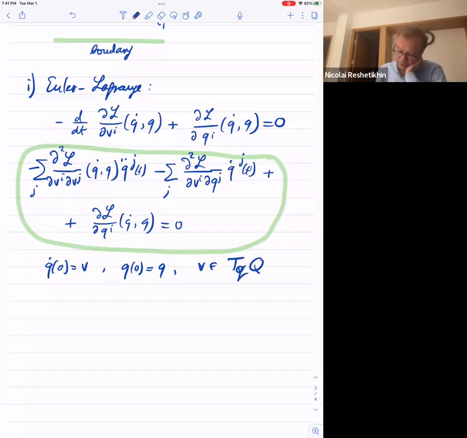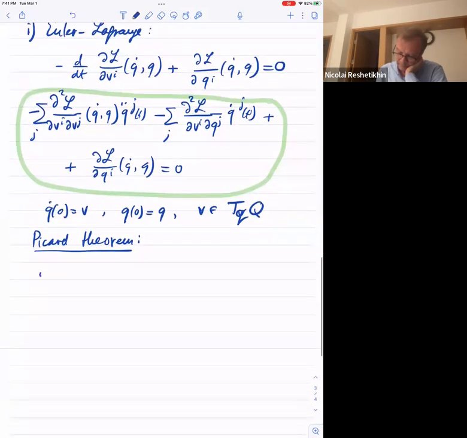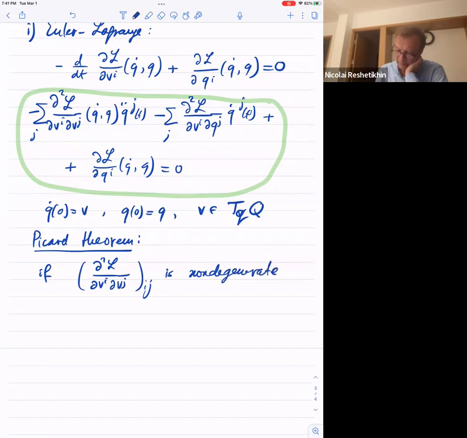So these are our initial conditions. And then by Picard's theorem, if the matrix is non-degenerate, if the determinant is non-zero, then there exists a unique solution to the initial problem.